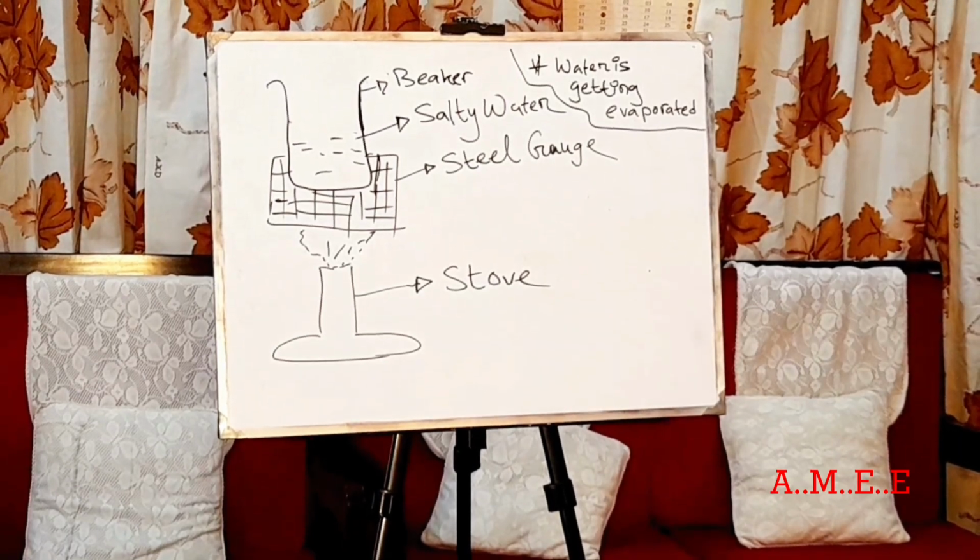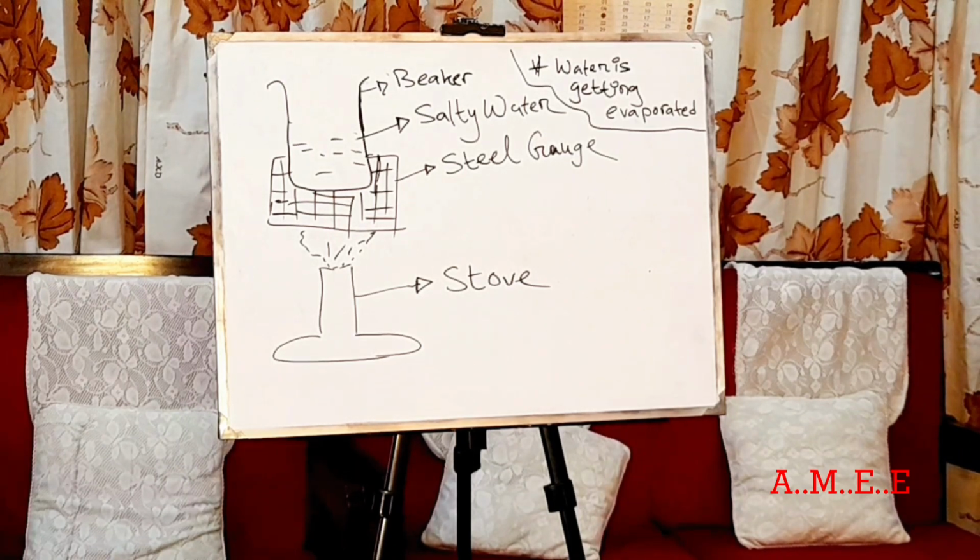See, here the water is becoming low from where it was. For example, if the solution was 100 cm cube, now suppose it's 25 cm cube, and we are seeing that the water is being evaporated from the salty water solution.